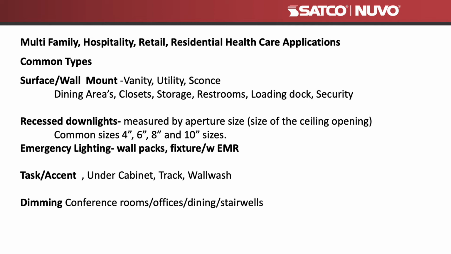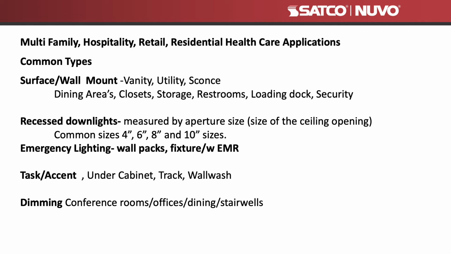In multifamily housing, hospitality, retail, residential, and healthcare applications, there are also some different common types. Surface and wall mounts, commonly called vanities, or utility, or sconce lighting, you'll see in dining areas, closets, storage, restrooms, loading dock, and security areas. Recessed downlights are popular in this application as well.